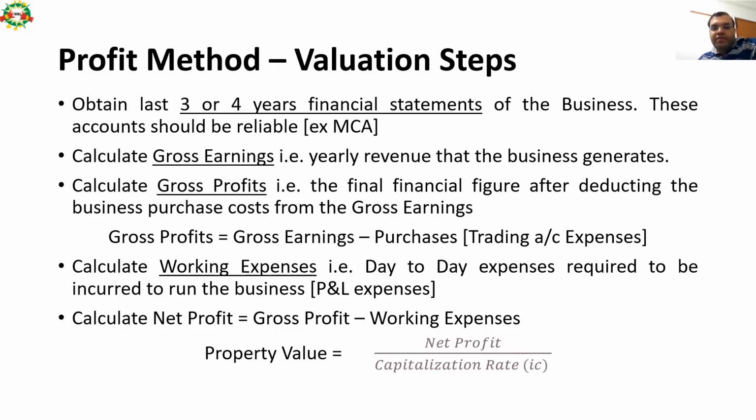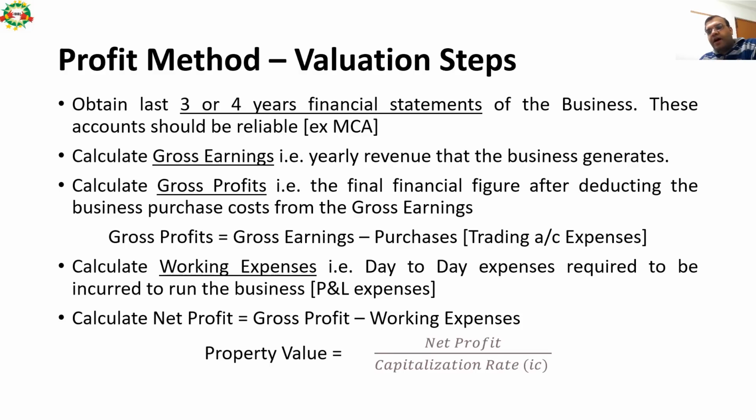Then there are some working expenses. Day-to-day expenses like electricity, insurance, marketing, telephone calls, which are not directly related to my cost of manufacturing or cost of servicing, are put into P&L expenses. For a little understanding, let me explain what happens.